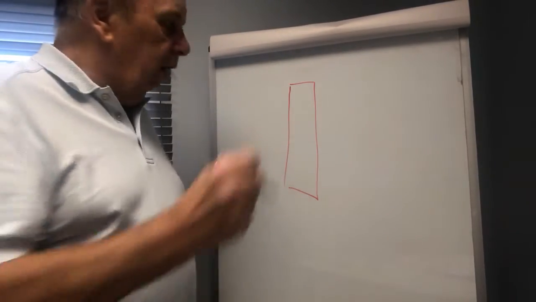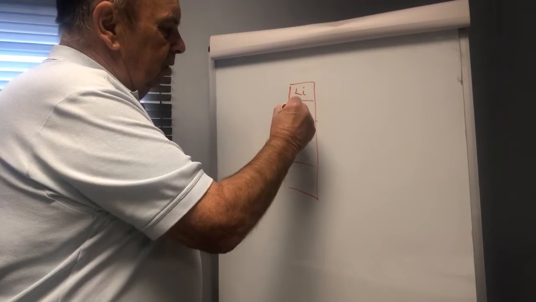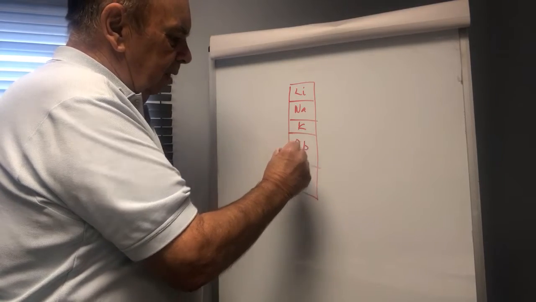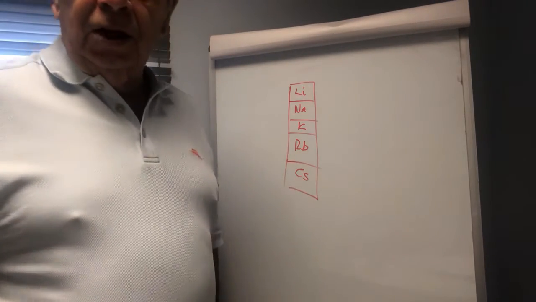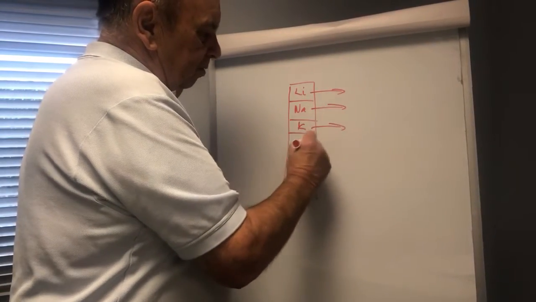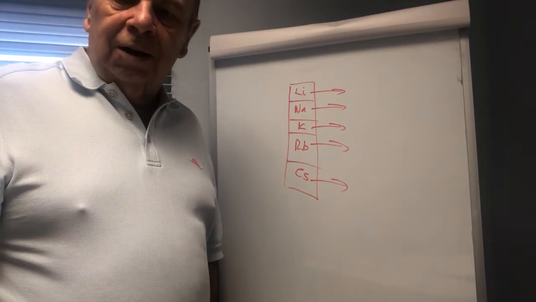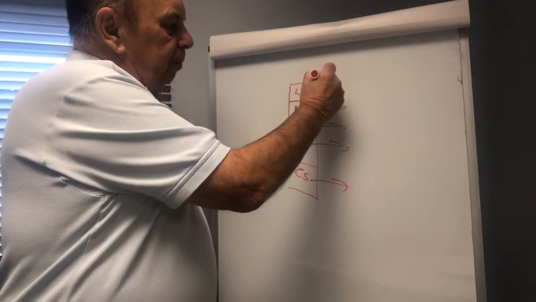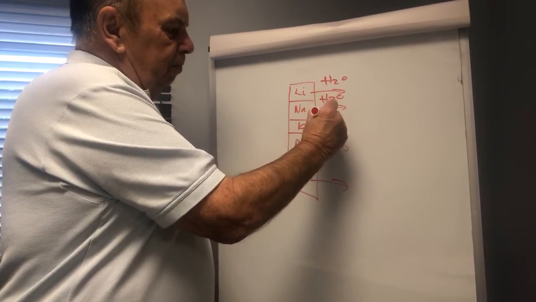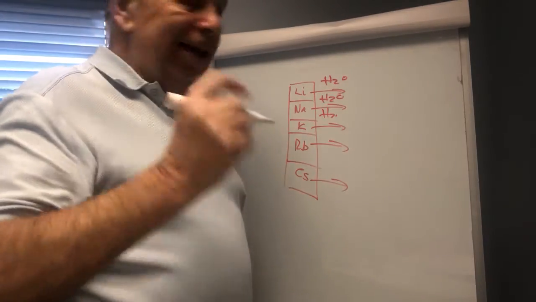These are called the alkali metals, and they go lithium, Li, sodium, potassium, rubidium and cesium. They're called the alkali metals because, would you believe this, they react with water to form alkalis, i.e. lithium or sodium or potassium all react with water to form hydroxides, alkalis.